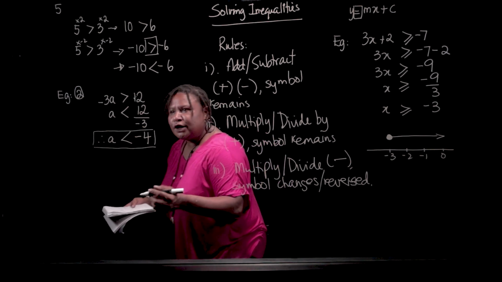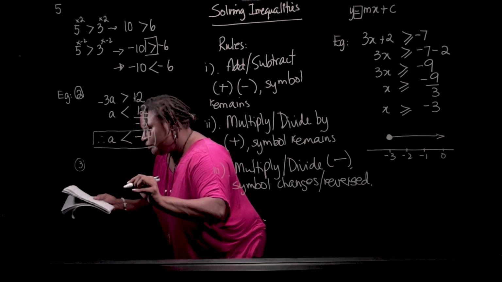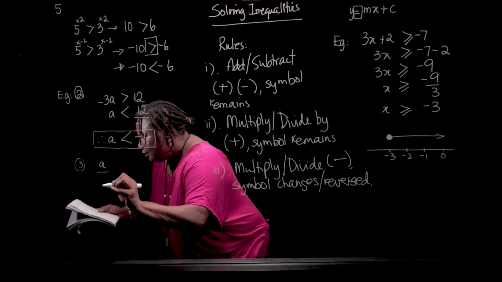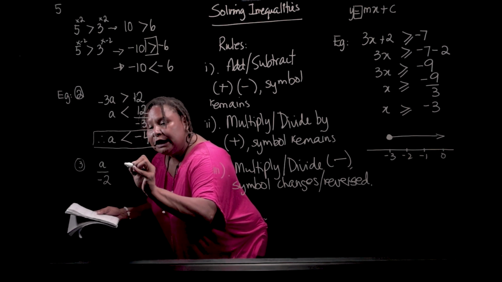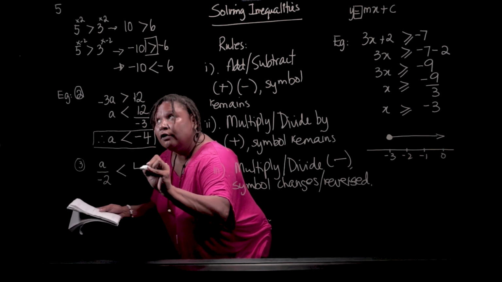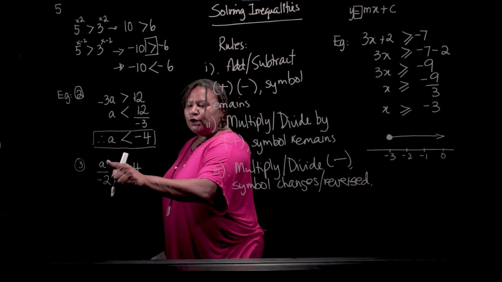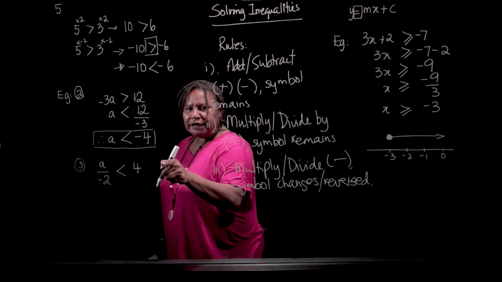Okay? Let's look at one last example. Here we have a over negative 2 less than 4. Okay? Now, in order to find a, we have to move negative 2 to this side.